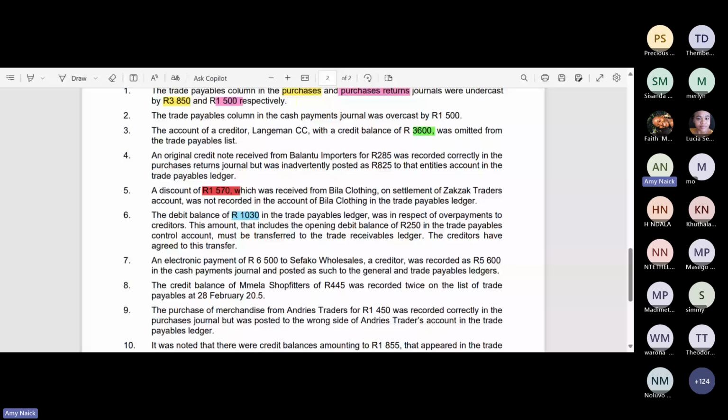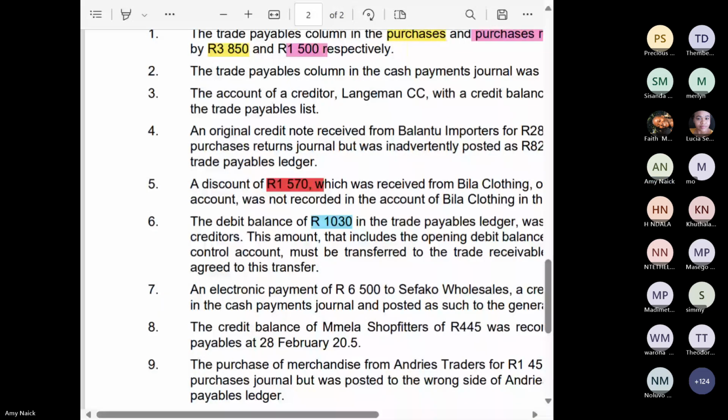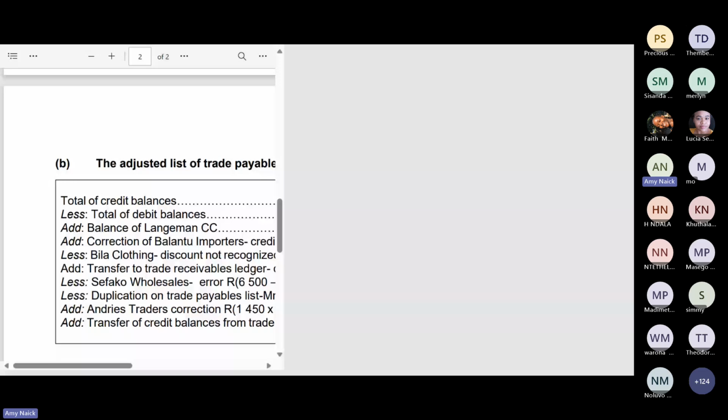I think the reason for that is because some of them impact the control account and some impact the listing, and it throws it out. So maybe what I can do is go back to the solution. When I share the notes, I don't know if this is going to make sense.